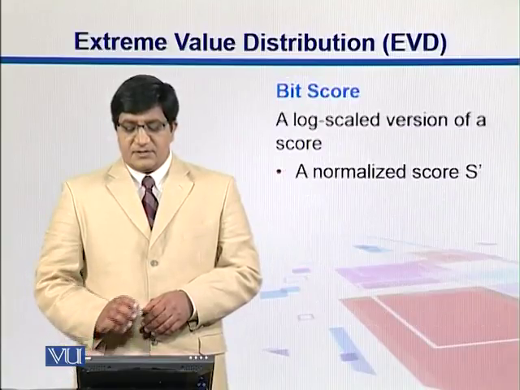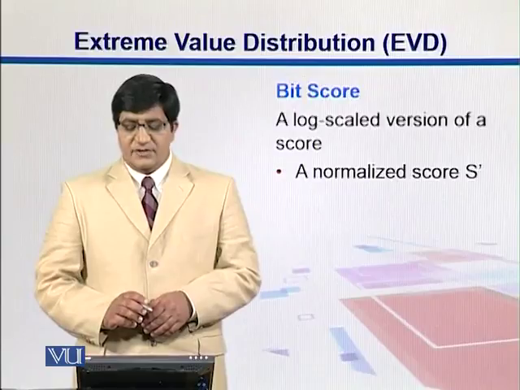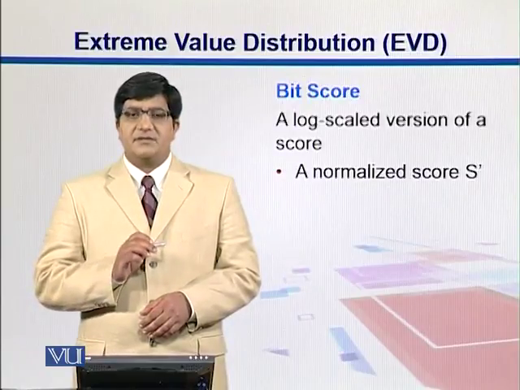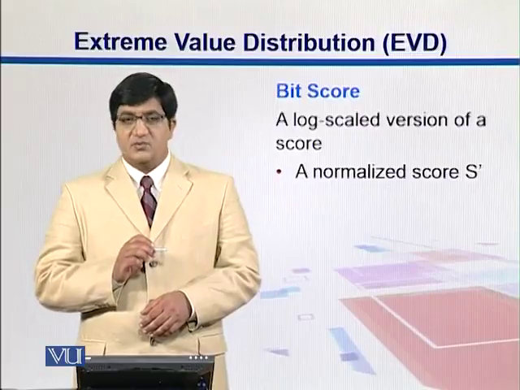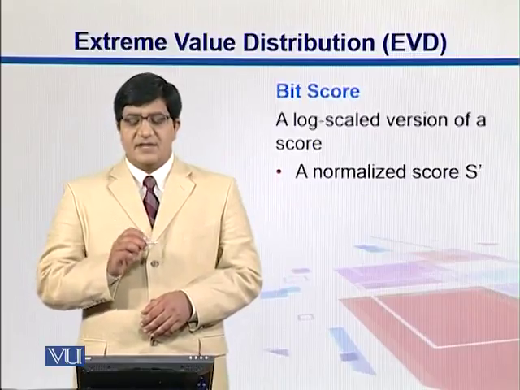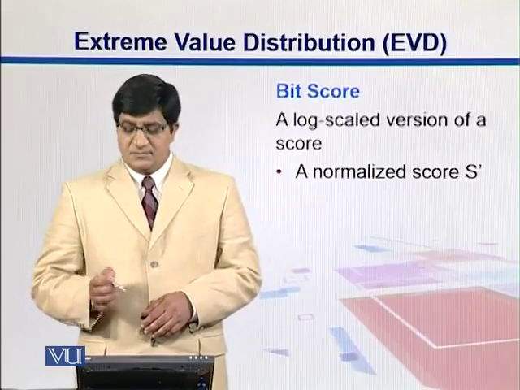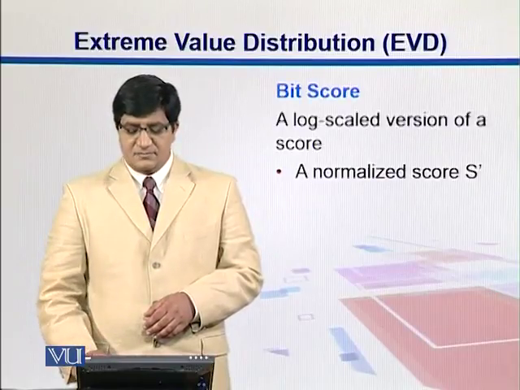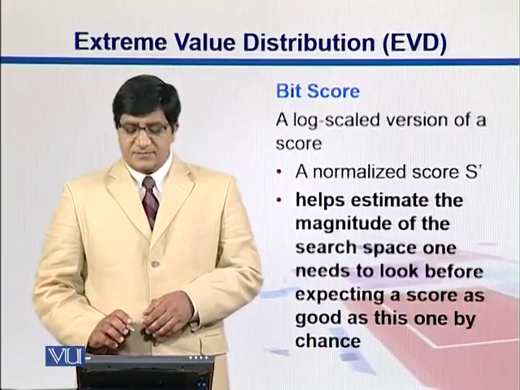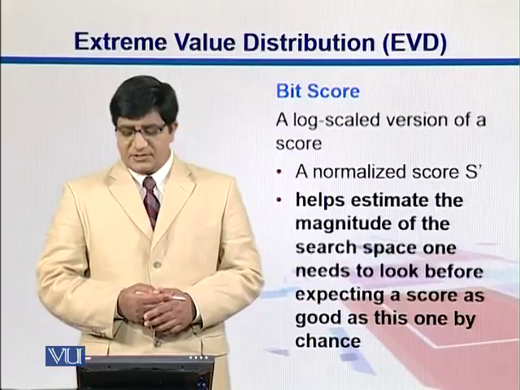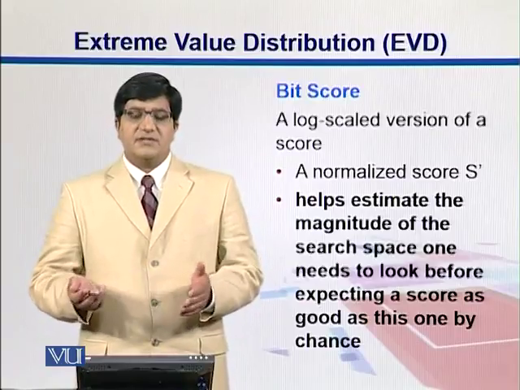There is another concept called the bit score. We take the score and calculate it, as in our previous probability sections where we used those Bayesian equations, S dash. That score is normalized into log to the base 2, and that is called the bit score. It helps estimate the magnitude of search space one needs to look through before expecting a score as good as this by chance.